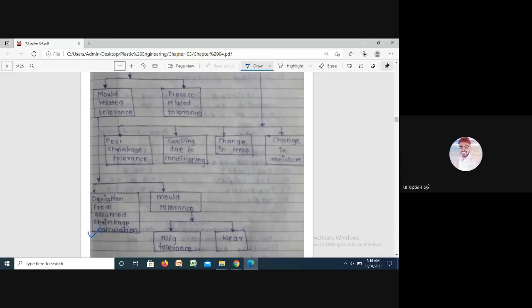If the X grade material shrinks by 10%, you need to maintain that 10% in the mold design. And if the Y type of plastic material shrinks by 20%, then you need to maintain that 20% in the mold design.